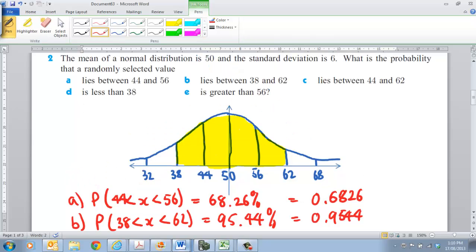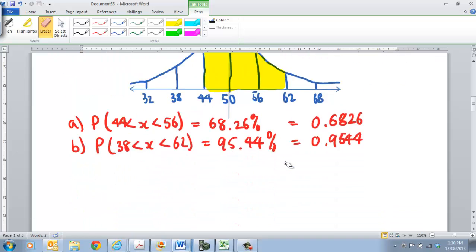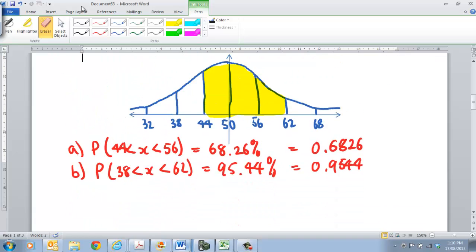Now, if I was looking for between 44 and 62, that would mean that I'm actually looking for this region here. So therefore, what I need to consider is the regions that I've got there.